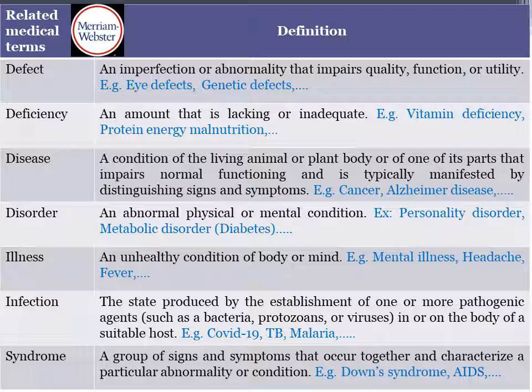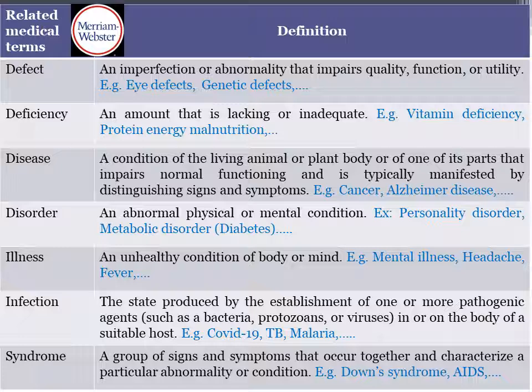Eye defects: some of you must be wearing glasses for short-sightedness, long-sightedness, etc. To a certain extent, that type of defect we can control by wearing proper spectacles. But there are even genetic defects which are not directly under control, and that also will hamper the quality and function of the human body.